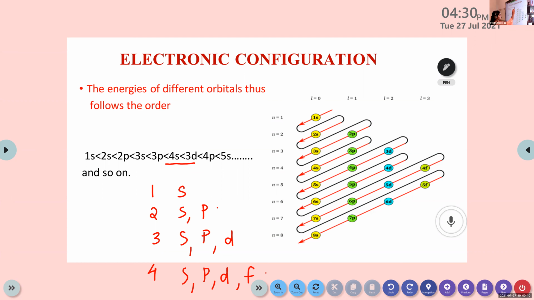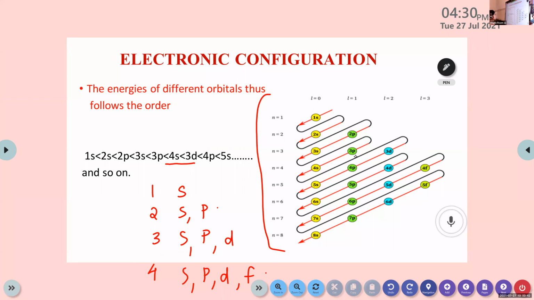I think this figure is better to understand the increasing order of energies. You can write the main shell, n equal to 1 here, then write the subshells like that. Then you can draw a line like this to show the increasing order of their energies. Starting from 1s, then 2s, 2p, 3s, 3p, 4s, 3d, 4p, 5s, then 4d, 5p, 6s, like that.